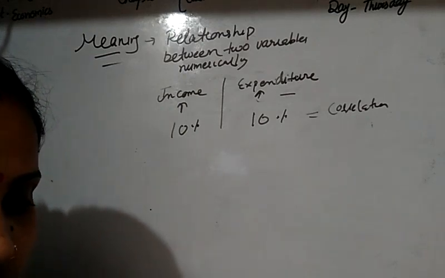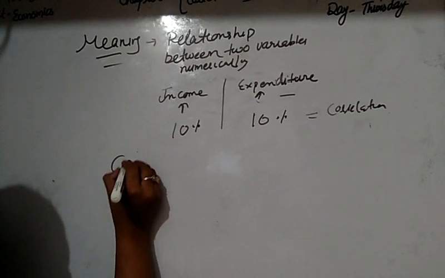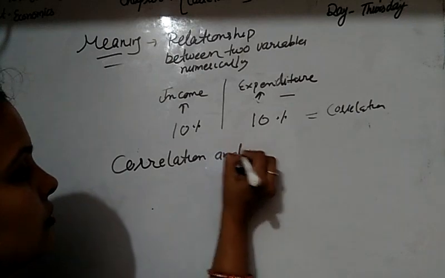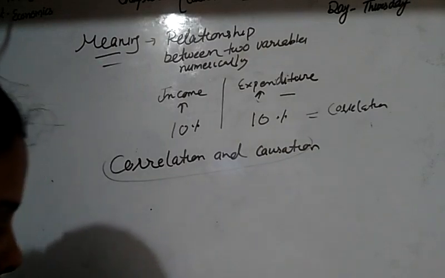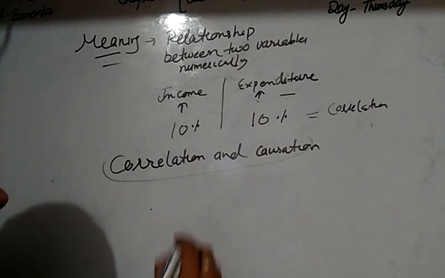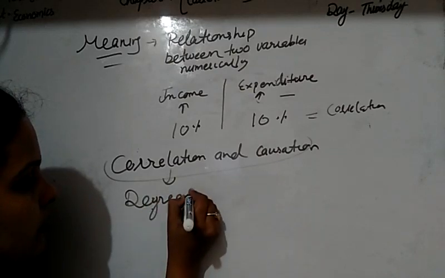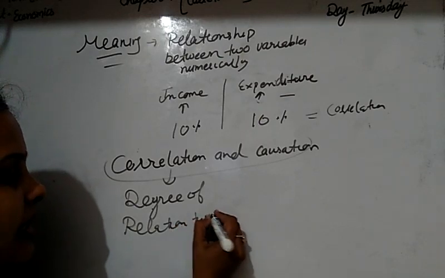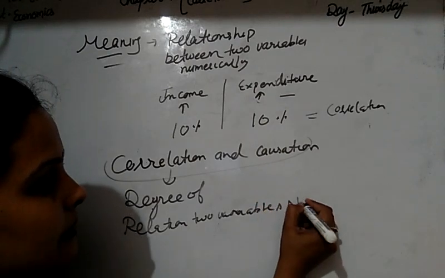Okay, students. So next is correlation coefficient. So correlation studies and measures the degree of relationship between two or more variables numerically. Correlation tells the degree of relationship between two variables numerically.